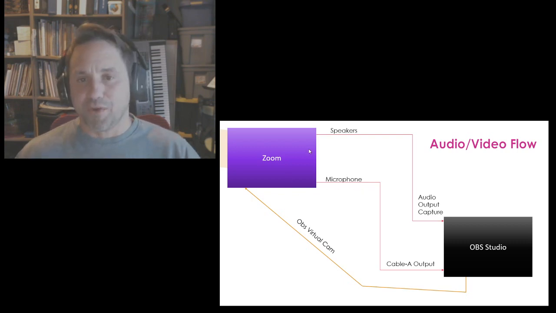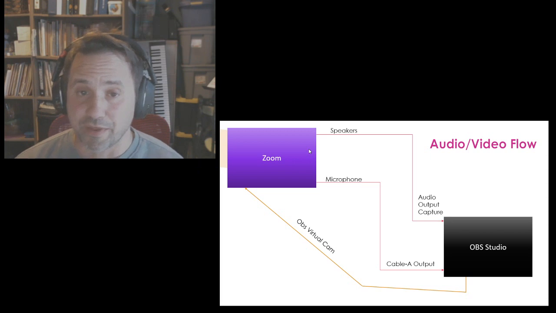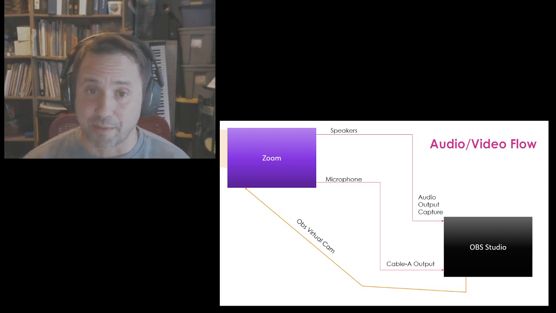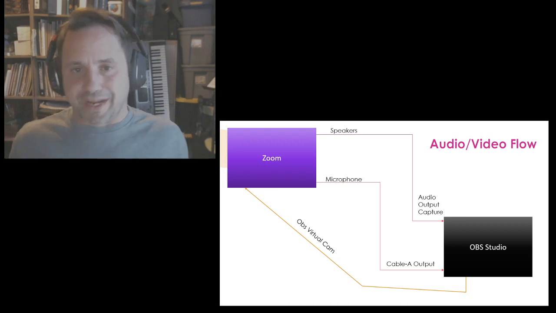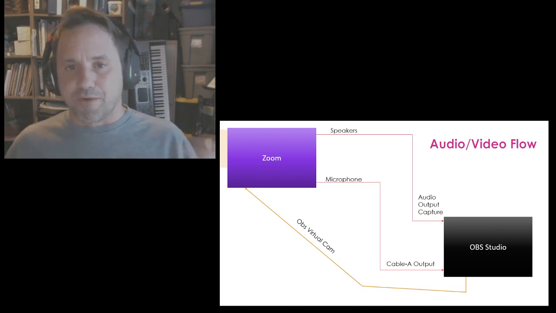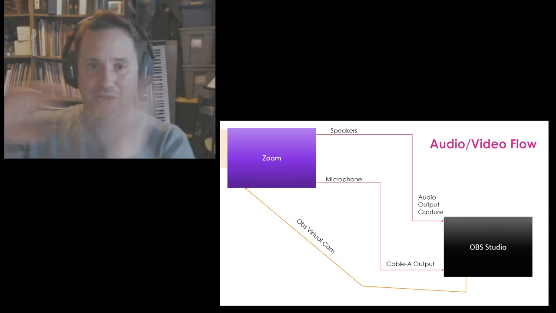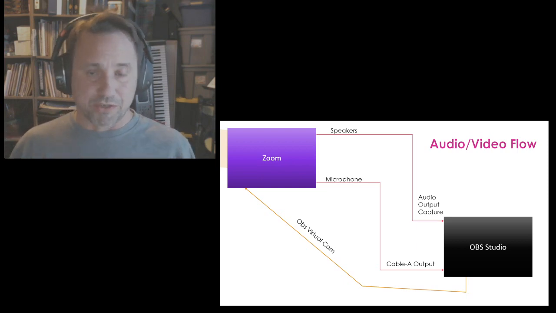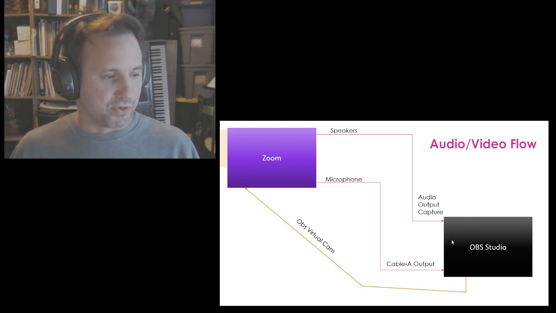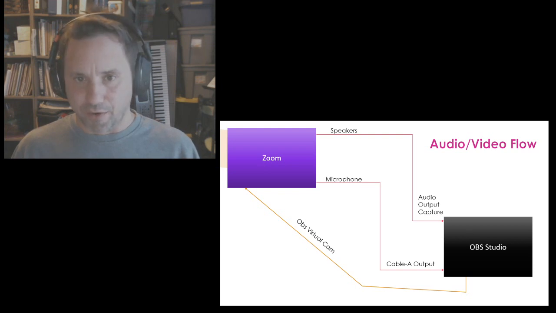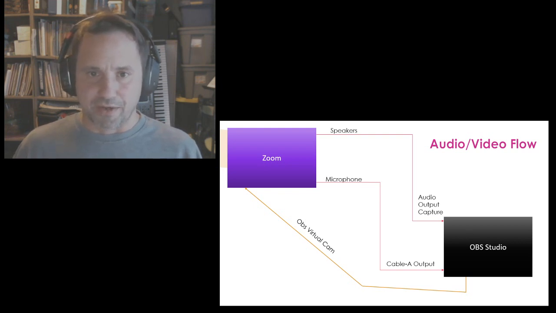Then likewise, if you are in a Zoom meeting with other people and you want to hear them, and you're recording this with OBS Studio, you're going to want to capture the audio input from Zoom. You know, the output that would normally go to your speakers, you're going to want to take that into OBS Studio. So we're going to set it up so that you can capture that audio in OBS Studio so that you can have a full recording.